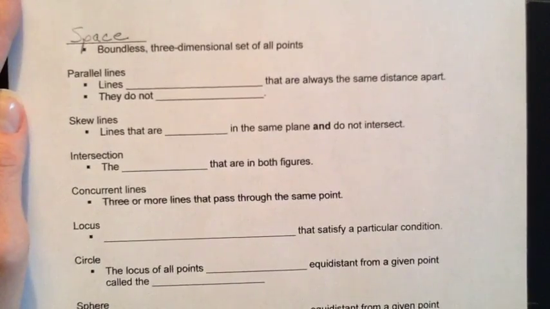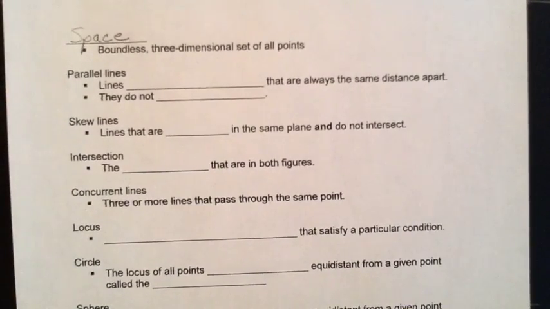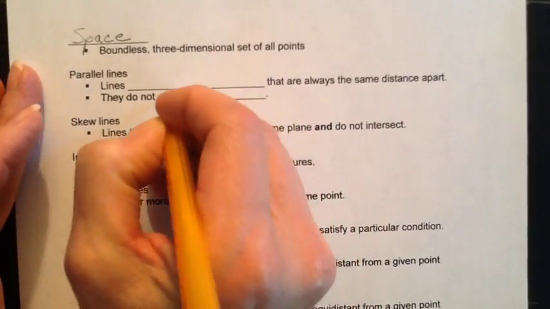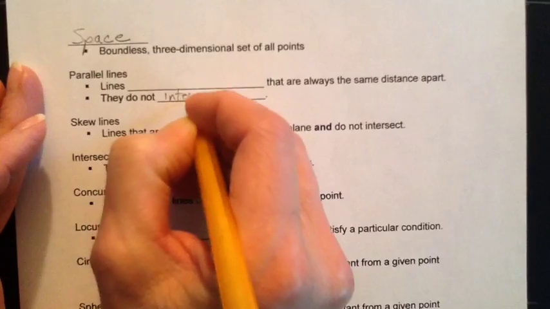Now let's look at some relationships between these things. We have lines, and now we have the term parallel lines. Well, sometimes in mathematics, we don't completely give you all the facts. Why? Because you're not ready for them. So most of you simply know parallel lines as lines that are the same distance apart and lines that do not intersect.